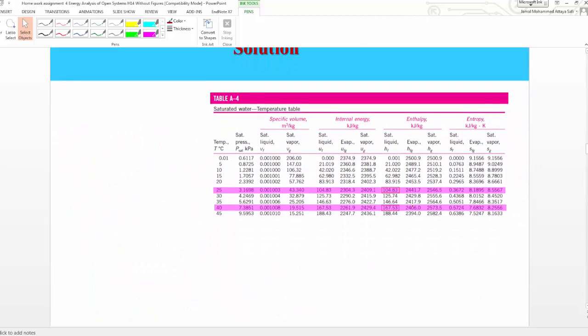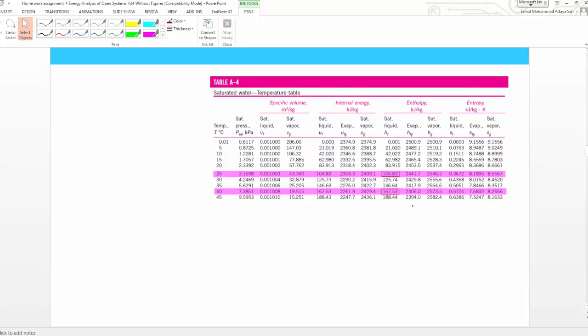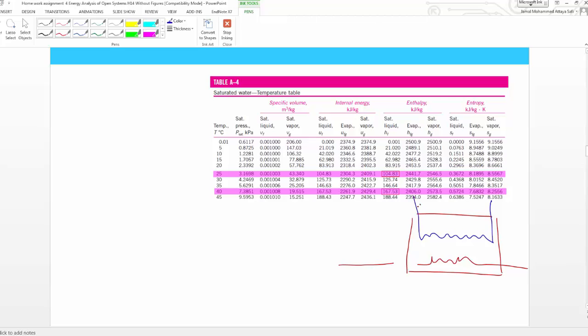So we start now with the heat exchanger as my system, and I can draw it here so we know what we are dealing with. I have the air coming in and then going out, and then I have the water also coming in here and then going out.